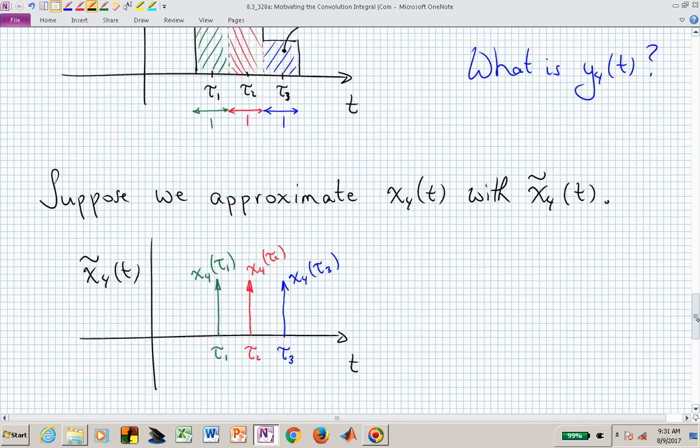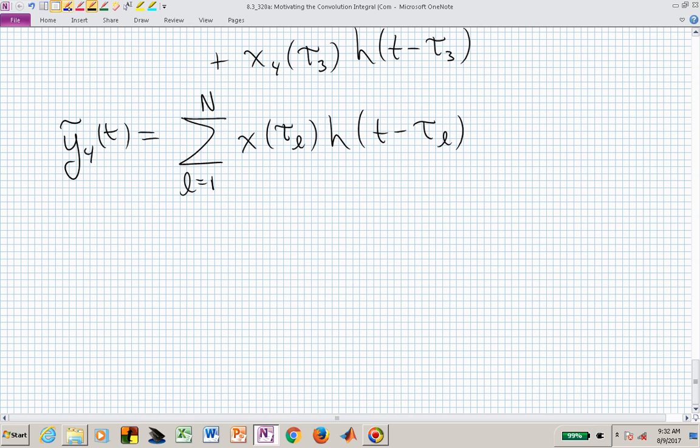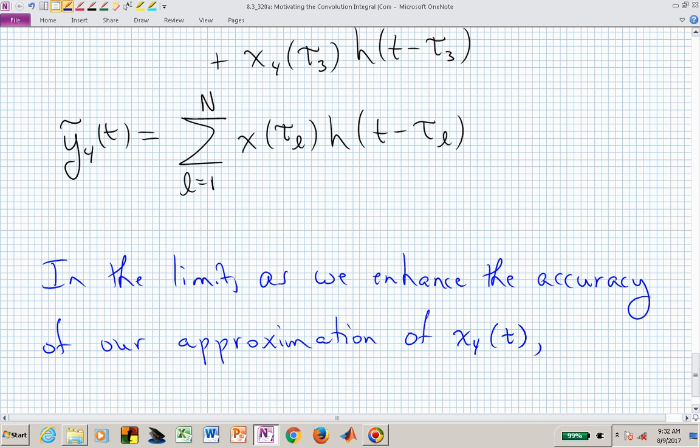Then what's going to actually happen? Now instead of a sum, let me write that down. If in the limit as we enhance the accuracy of our approximation of, let's say, x sub 4 of t, we approximated it with x sub 4 tilde.